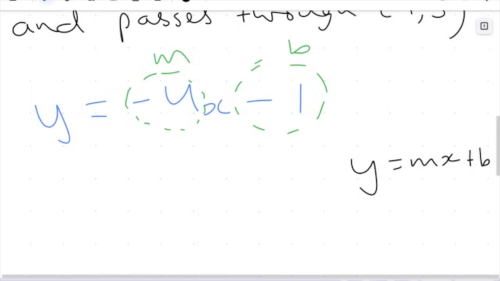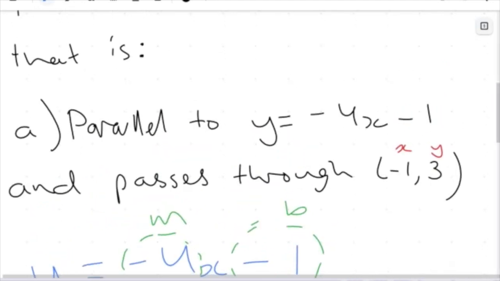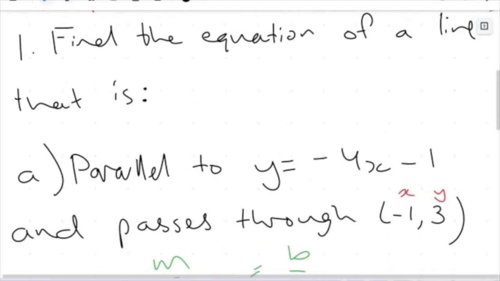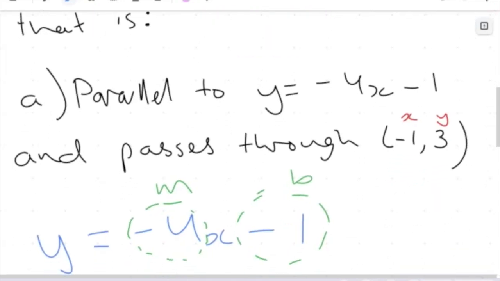Now, this is where we pause, because we want to read and underline the question. We want to underline the key points. So we want to find the equation of the line that is parallel to y equals -4x minus 1, and we have, passes through the point -1, 3.